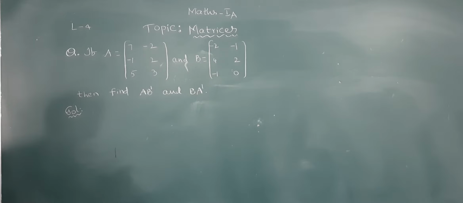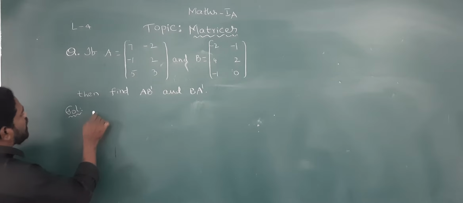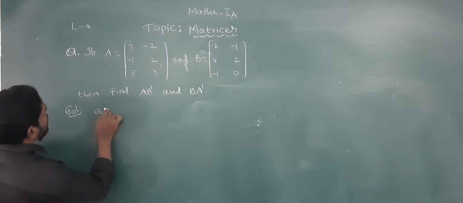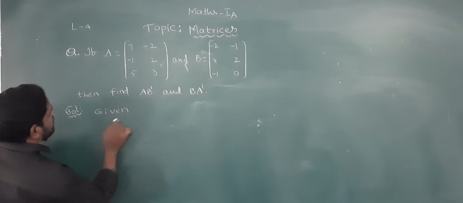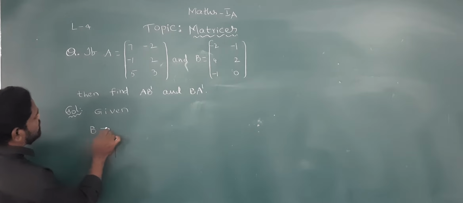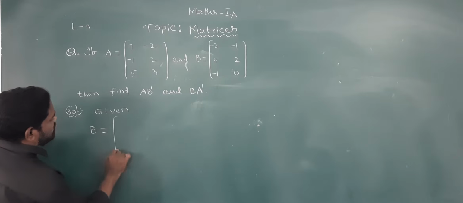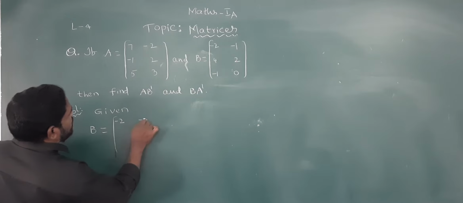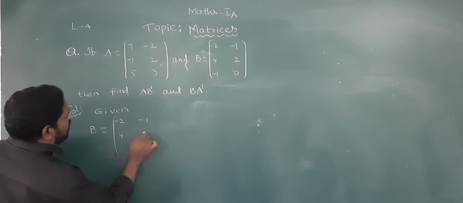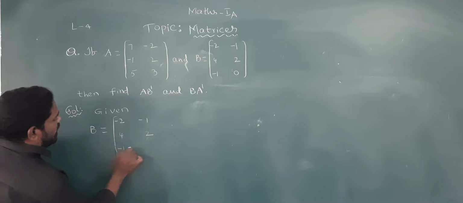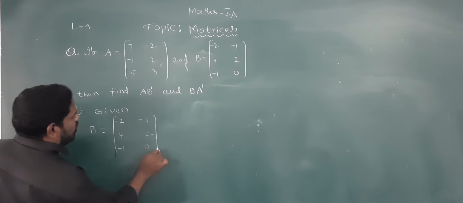Let us see first. First of all, what is the given B matrix? The given B matrix is -2, -1, 4, 2, -1, 0.